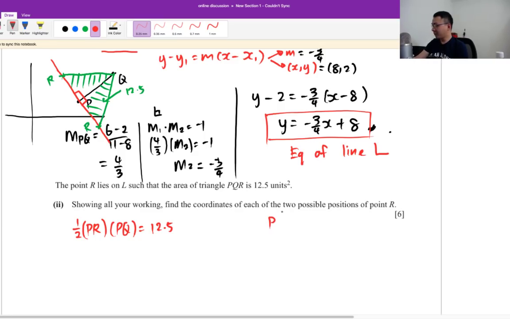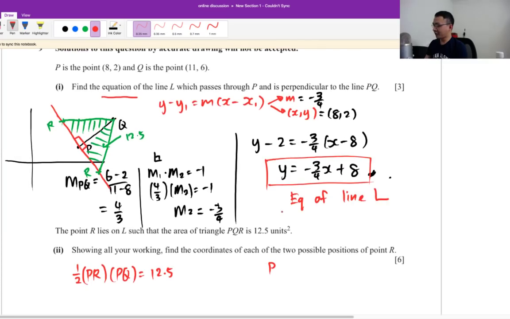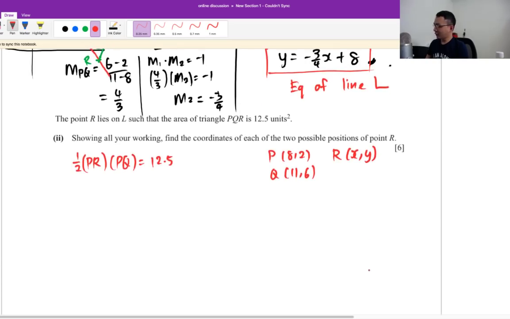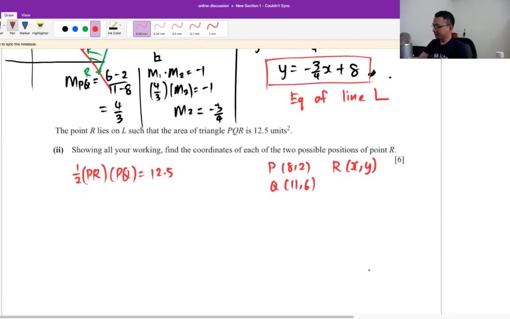Okay, so let me write down the coordinates of P, Q and R first. P is (8, 2), Q is (11, 6), R is (x, y), which we do not have here. Alright, so yeah, we will need to solve it. So I will move the half to the other side, becoming multiply 2. So here we get 25. So I get the PR first, so it will be square root.